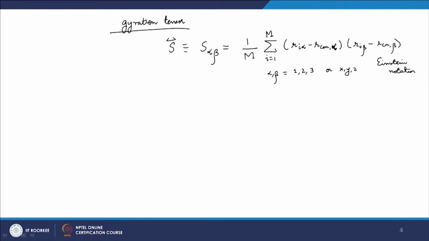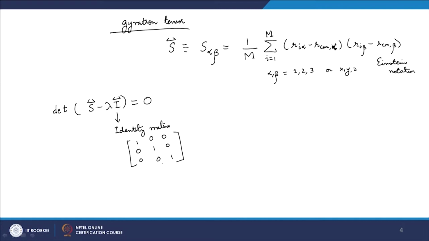Essentially, we look at the determinant of S minus lambda I equal to 0, where I is my identity matrix with ones along the diagonal and 0 everywhere else, and lambda becomes my eigenvalue.